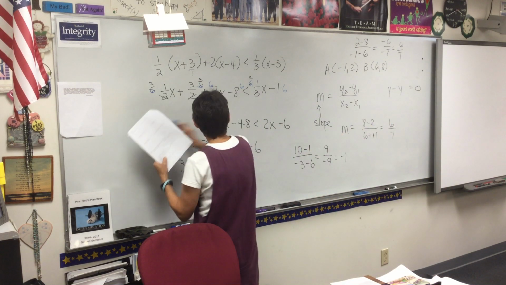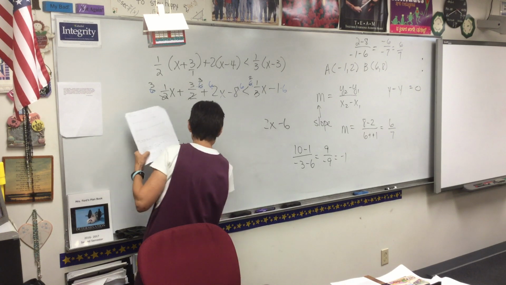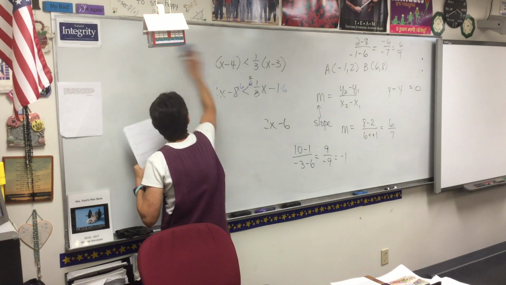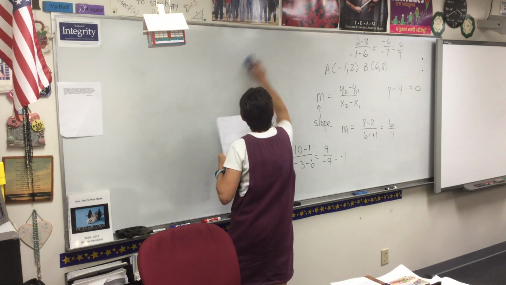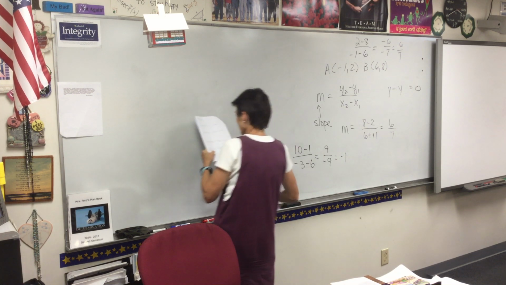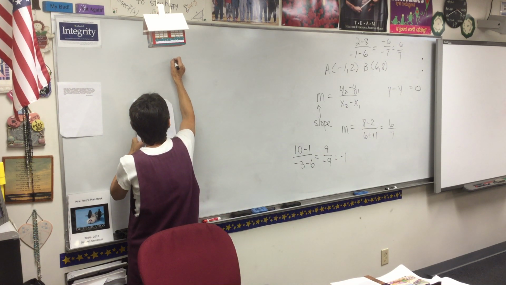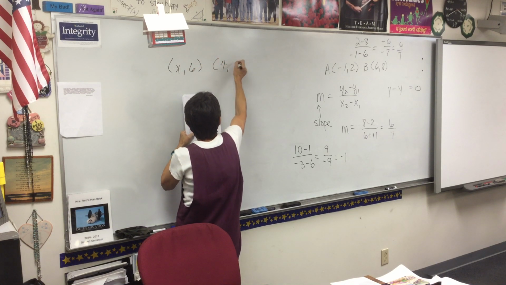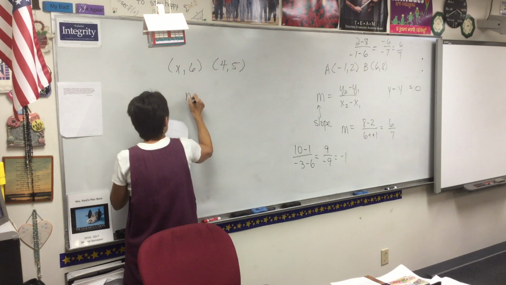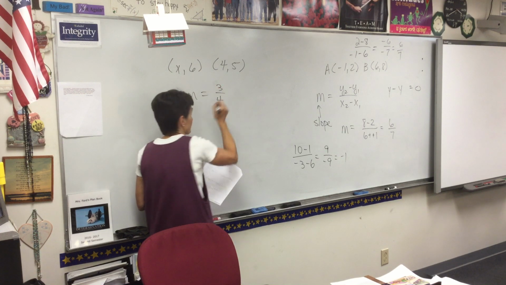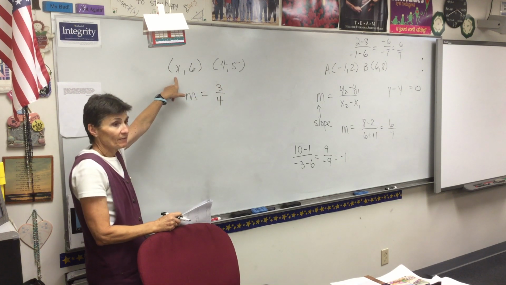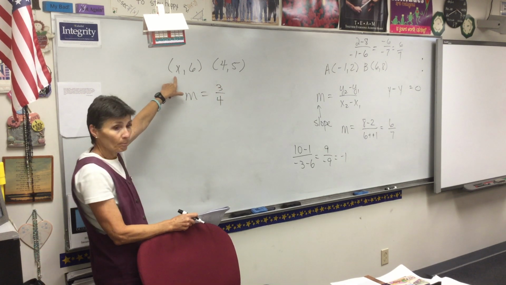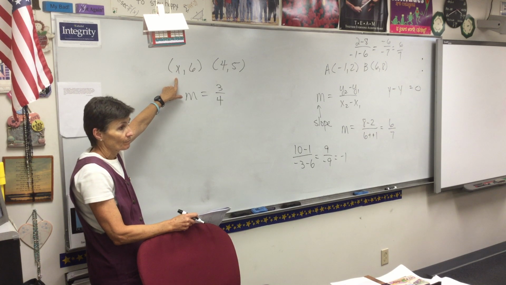Okay, now, 2 is a little bit trickier because they tell you what the slope is. So we've got 2 points, and they tell me that the slope is 3/4, and you have to figure out what that missing part of the point is.